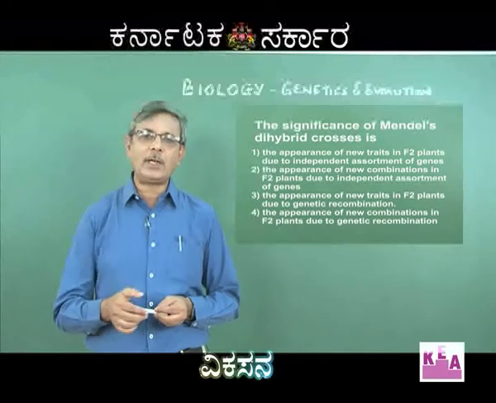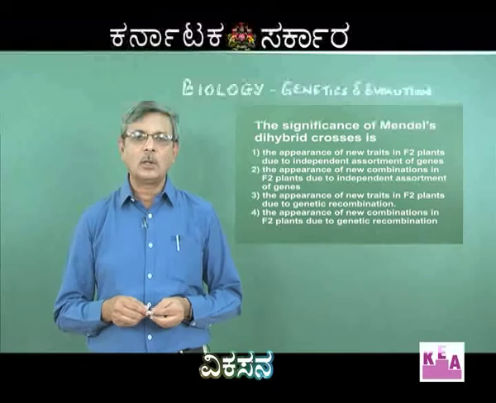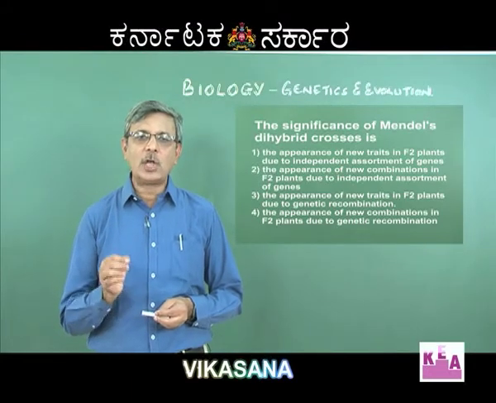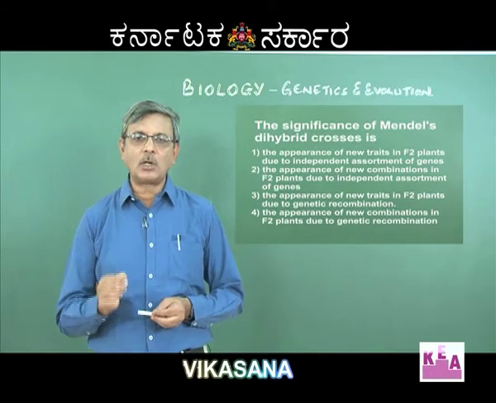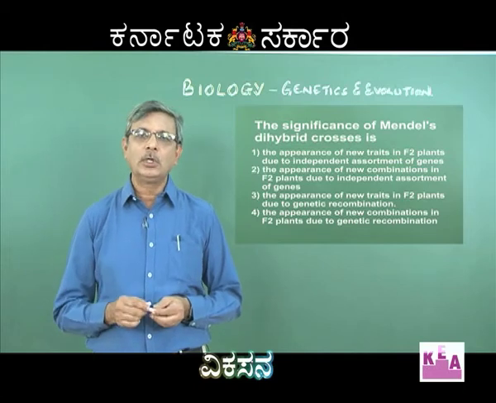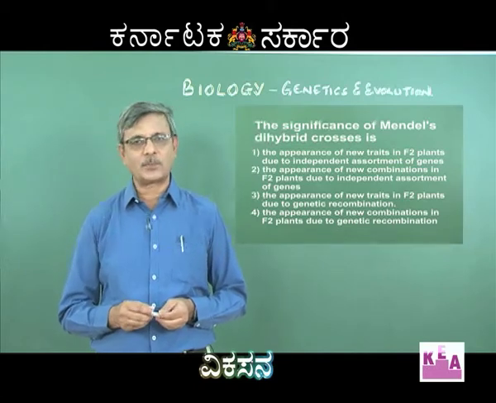The same is repeated in options 3 and 4, but in options 3 and 4 you are going to look into genetic recombination, which was not used in options 1 and 2. In options 1 and 2, independent assortment is used.